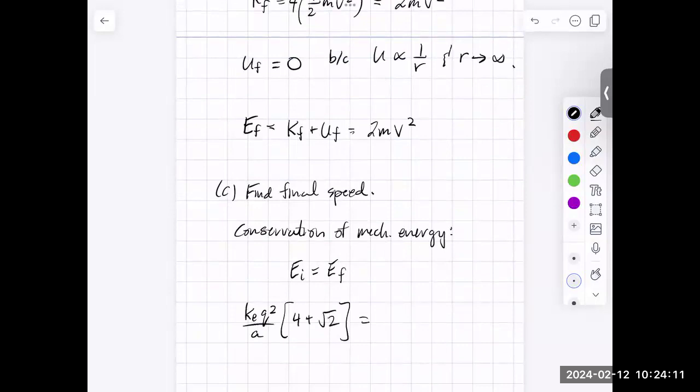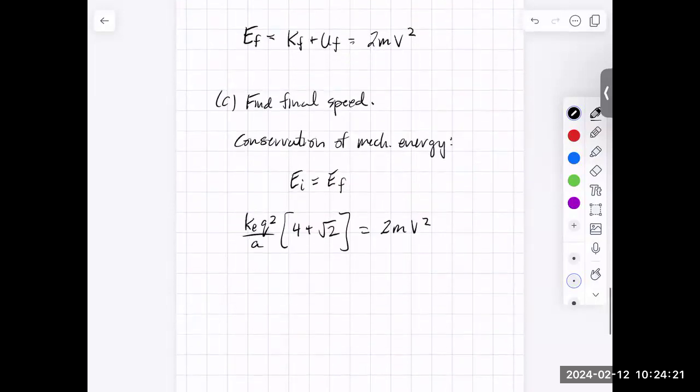And then the final is all kinetic. There's 4 particles, so we had a 2 mv squared. And let's see, we just solve for v squared. Let's say v squared is equal to kQ squared. We're going to divide by m, so it's m times A. We're going to divide by 2, so 4 divided by 2 is 2.